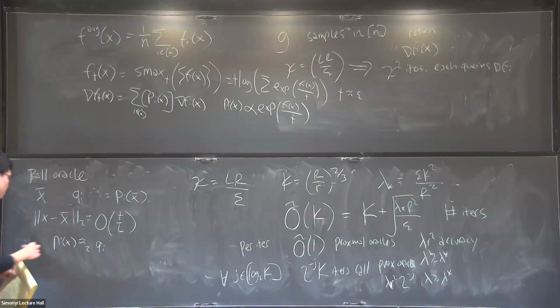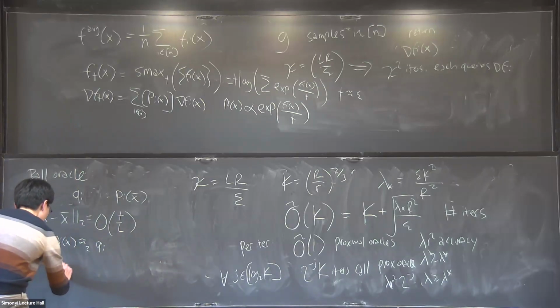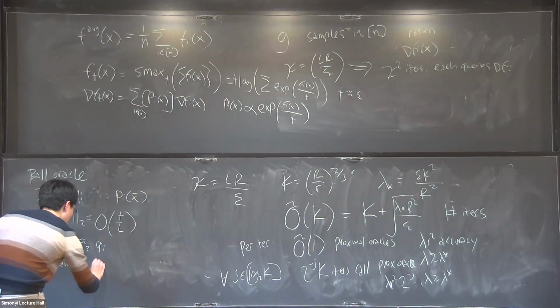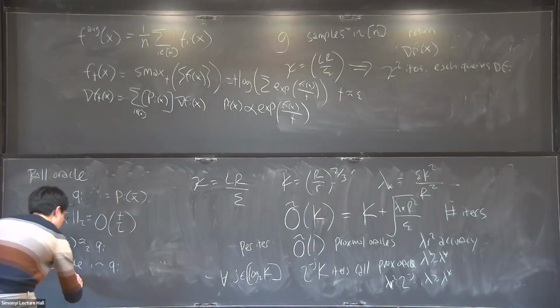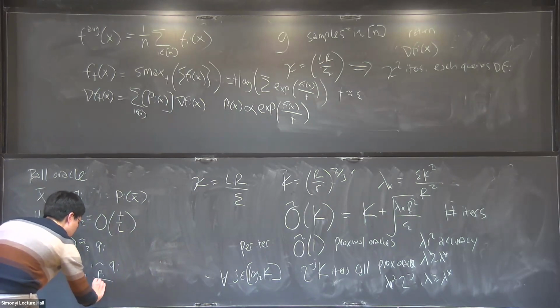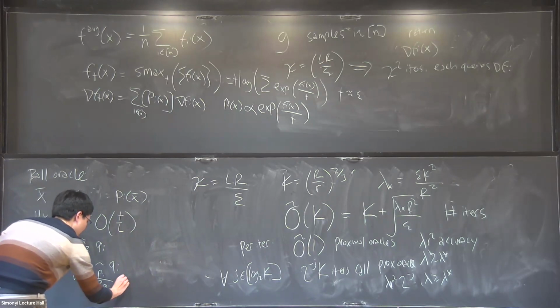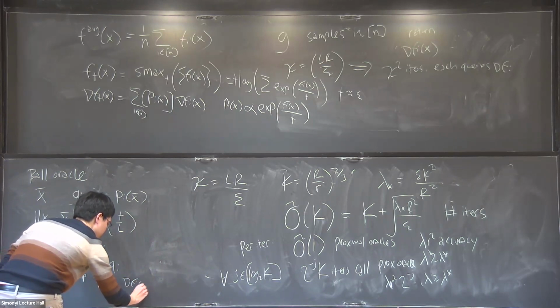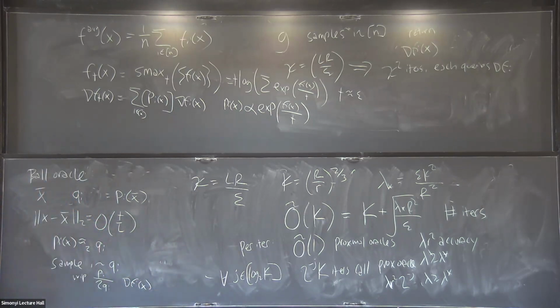So sample i according to qi, and with probability maybe pi over 2 qi, output grad fi. And by doing this, I have a gradient estimator that takes roughly 2 queries and returns a gradient, right?